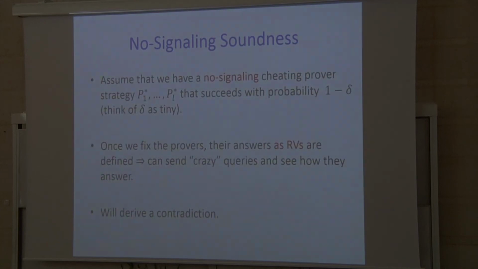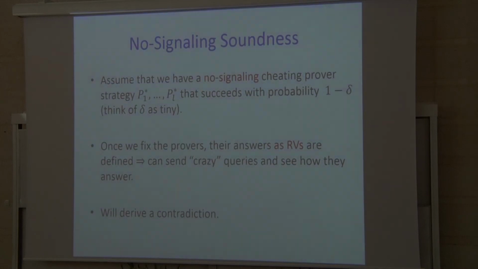Because they are no signaling, if we were in the classical setting, if you give them queries that are not distributed according to the verifier's distribution, they could say, forget about it, I'm not answering. Right.